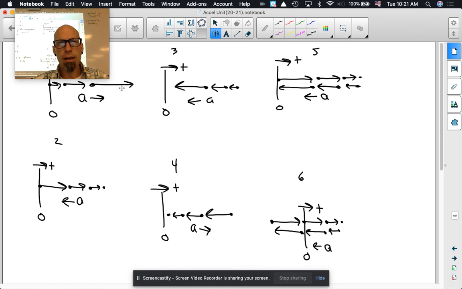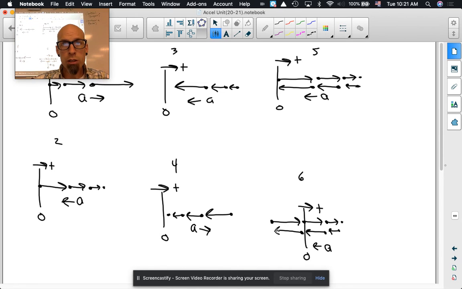Speeding up, A arrow and velocity arrows are in the same direction. Here, on the downward part, coming back toward the 0, A is in the same direction as the velocity arrows, and it was speeding up. Down here, A is in the same direction as the velocity arrows, and it's speeding up.